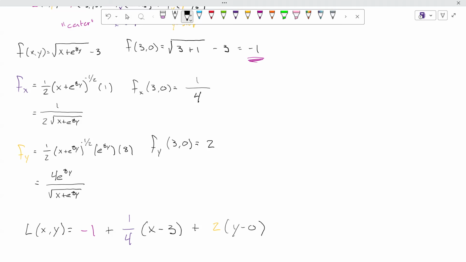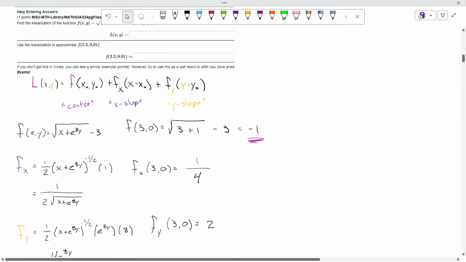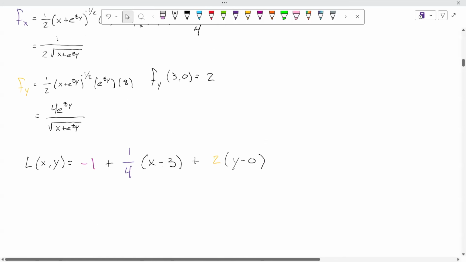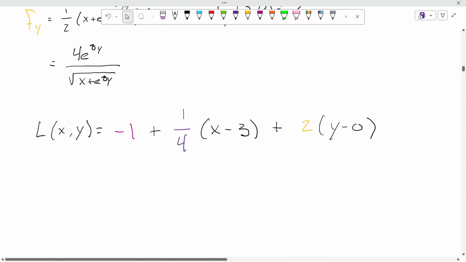Cool. Okay. So now that we have our linearization, let's go figure out what we were trying to approximate. So just haven't written that part down yet. We're attempting to approximate f of 3.3, 0.01. So I'll plug those in.